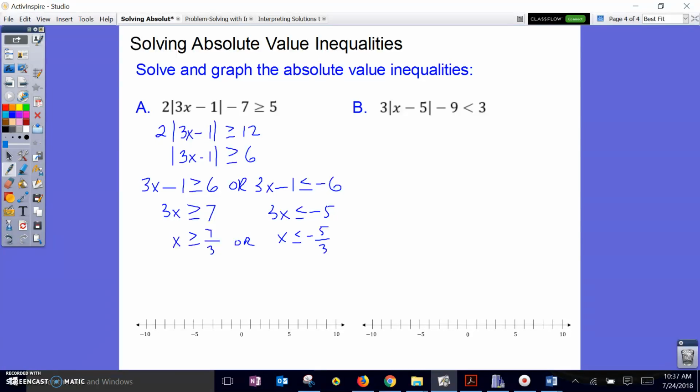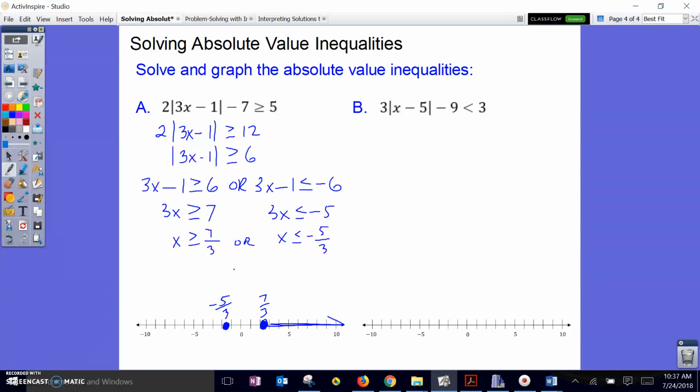And so let's see, greater than or equal to 7/3. 7/3 is between 2 and 3. And less than or equal to -5/3, that's between -1 and -2. We've got -5/3 there, and we've got 7/3 there.